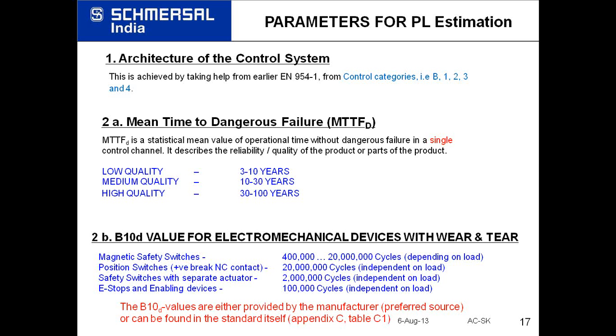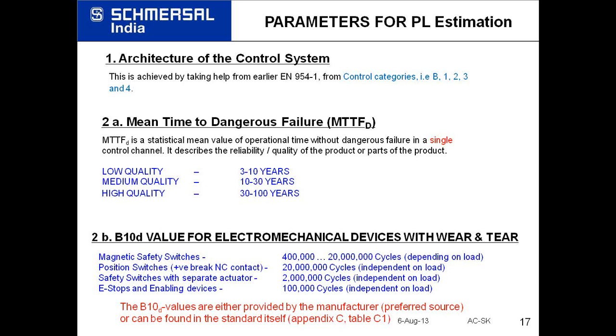This parameter was not there in the safety system. Now this parameter compels all the manufacturers of safety devices to declare this value. If these values are not known, one can refer also to the standard, that is 13849-1, where some typical values are given, and these values have to be met.